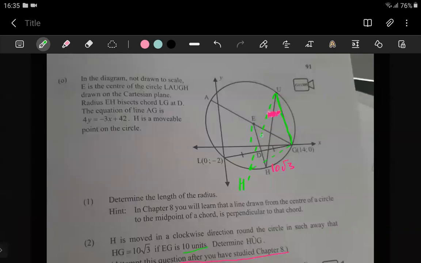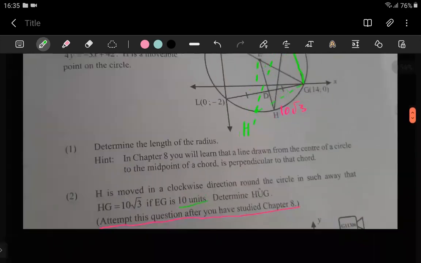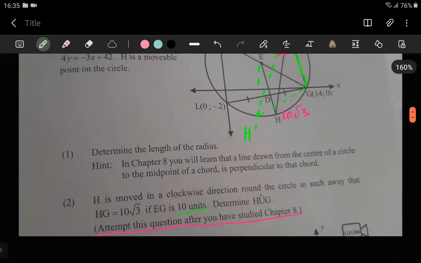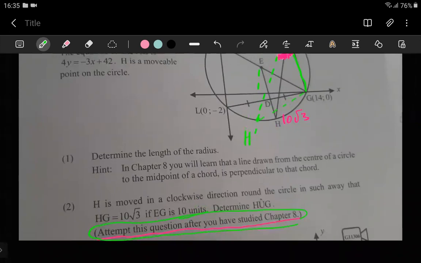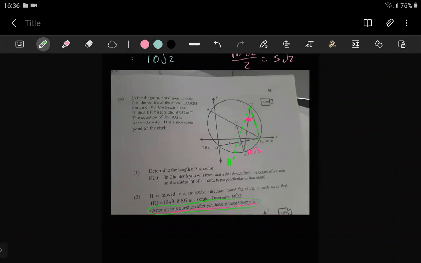So let's just scrap this, because as you can see, it says attempt this question after chapter 8. There's really no point in us learning a whole new chapter for this question, because it's not going to happen overnight. So let's just move on to bigger and brighter things with our time.